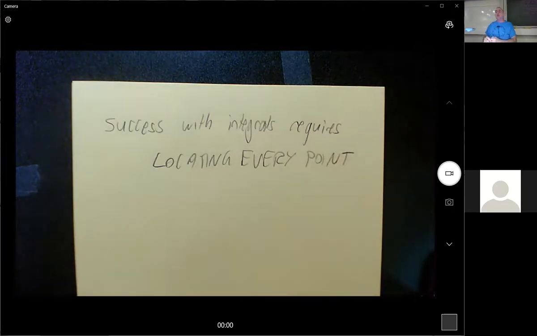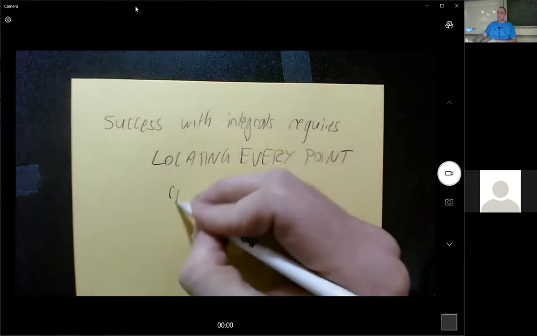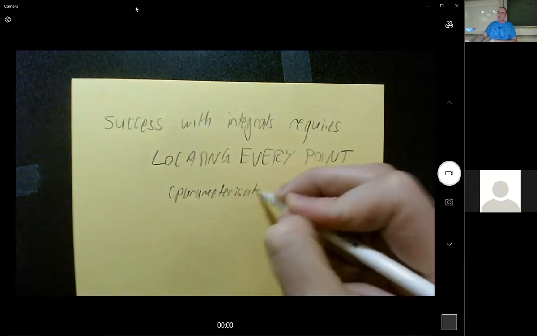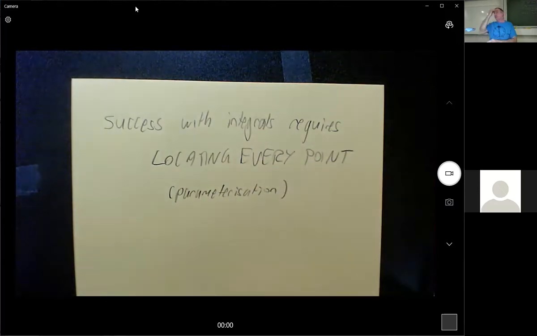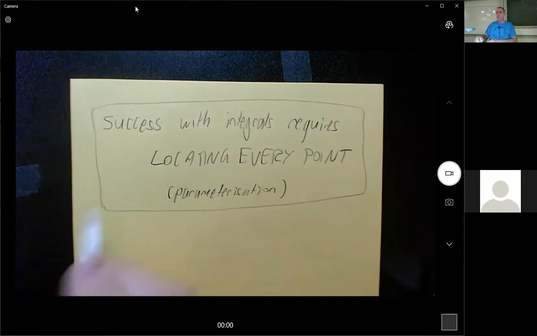And the fancy word for locating every point is parameterization. And I've got to be more specific about that.